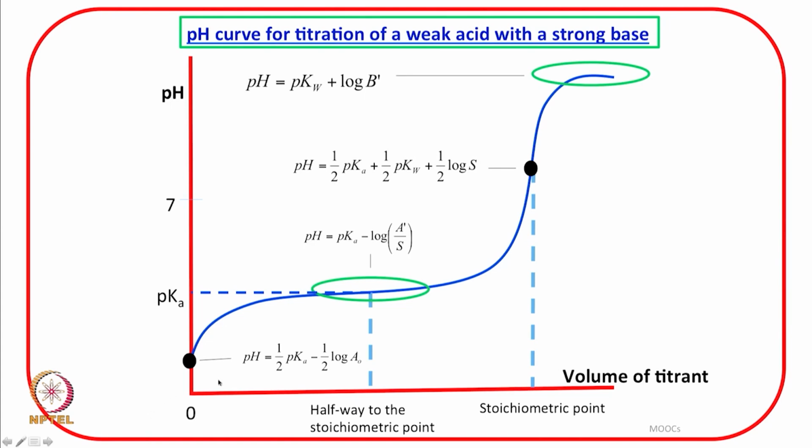Let us say here we start with purely weak acid, no base added, and when you keep on adding base, the horizontal axis represents the volume of titrant and the vertical axis is pH. This is how the pH changes, and this represents the equivalence point.